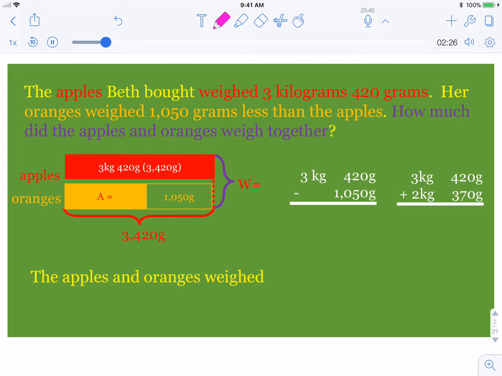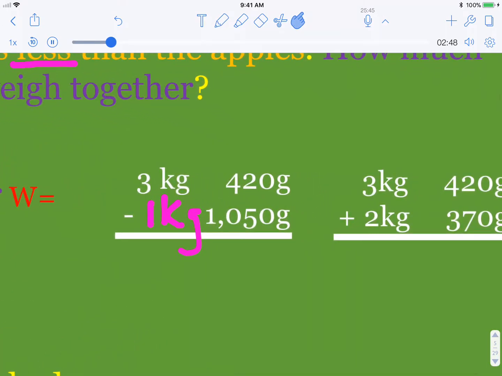How much did the apples and oranges weigh together? So, if we subtract this, we could say 1 kilogram, couldn't we? Couldn't we change the 1,050 grams to 1 kilogram, and that leaves us with 50 grams.